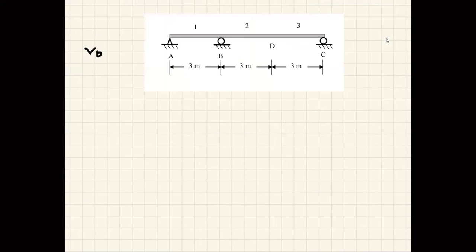So I'm gonna show you the free body diagram when I cut it at D. Okay, so when I cut the free body diagram at D, I will have this, right? I will have RA, I will have RB, and then I will have VD.